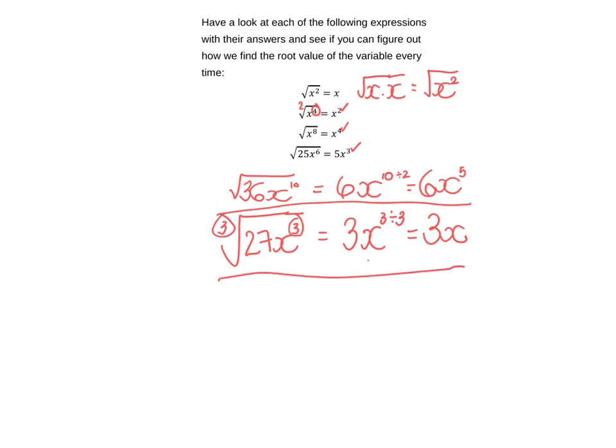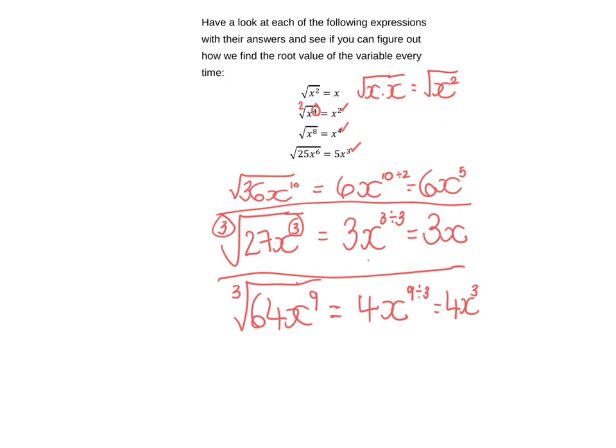Just another example, the cube root of 64x to the power of 9. And that would be, cube root of 64 is 4. And then x to the power of 9, which is divided by 3 in this case. And it gives you 4x to the power of 3.